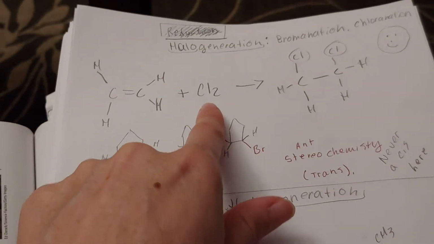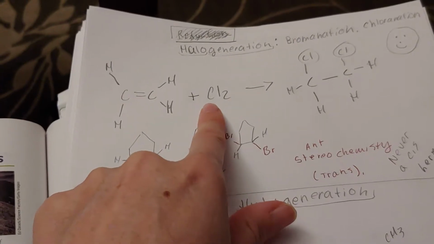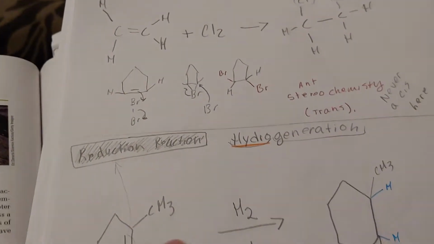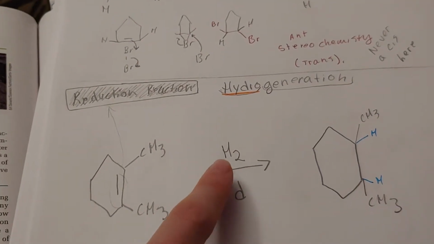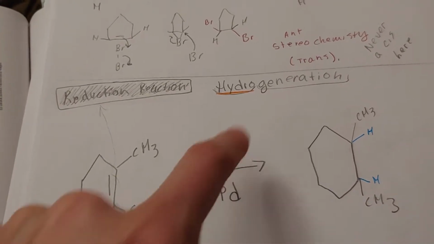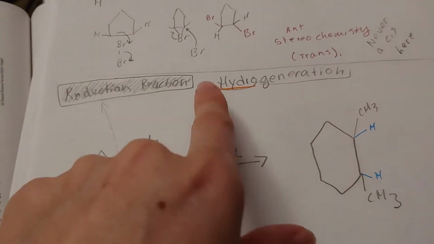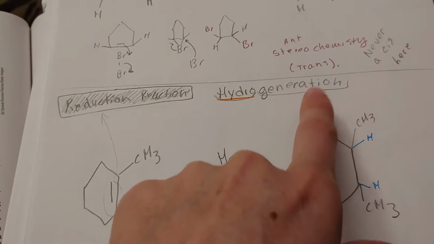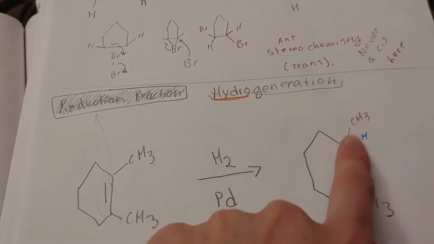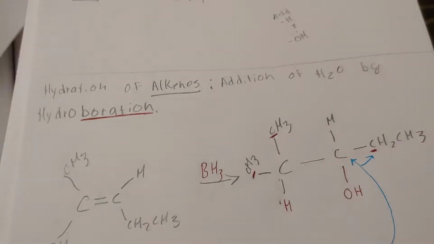Up here, if we have the Cl, it's going to be halogenation. H2 over Pd, that's hydro, adding two H's, hydrogenation. You have multiple generations, so you're adding two things.